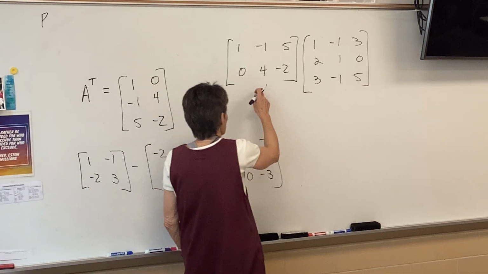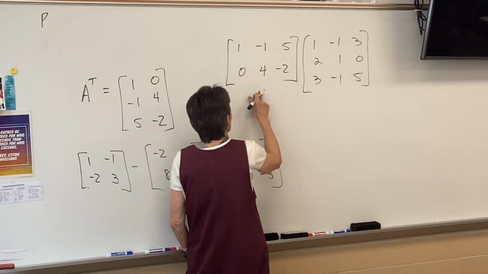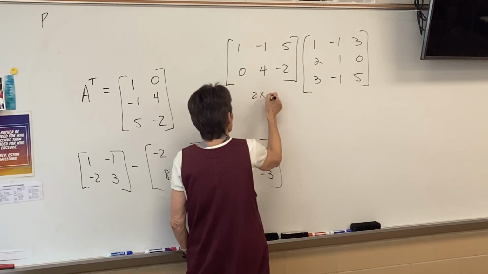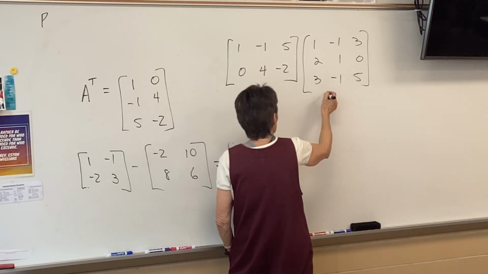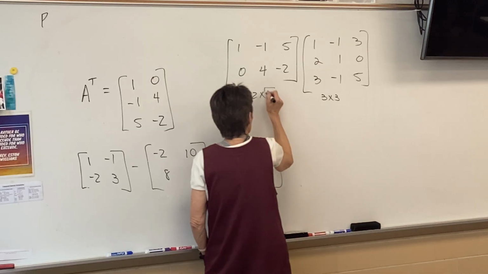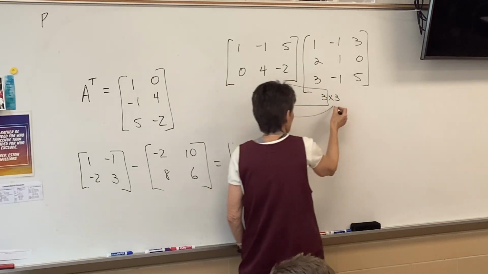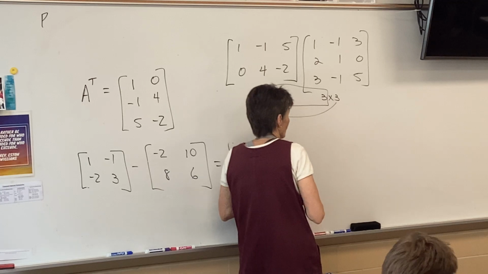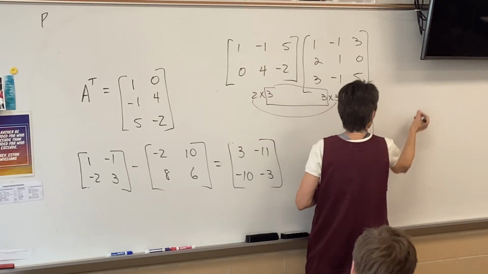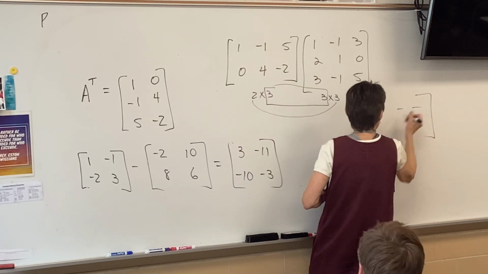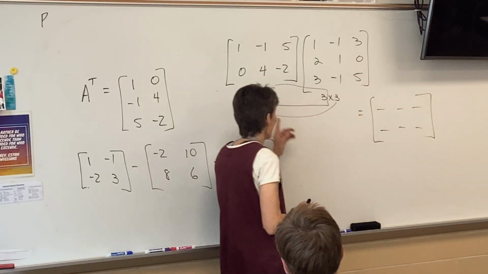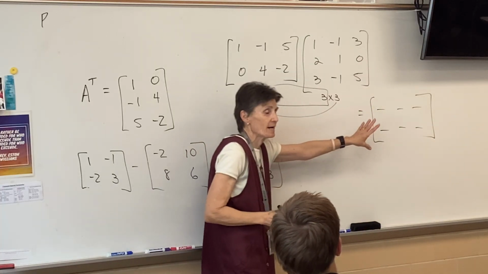So, what are these dimensions? 2 by 3. 3 by 3. These match, we're good to go. And our answer will be another 2 by 3. So you have 6 numbers to find.